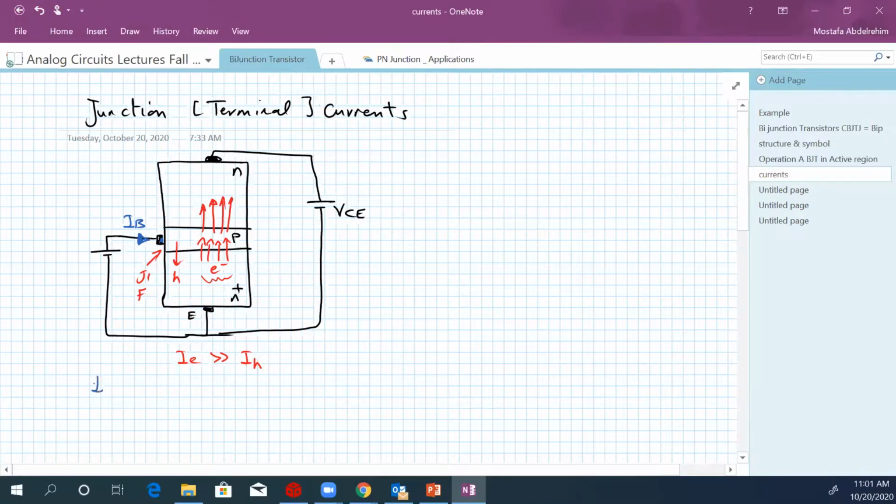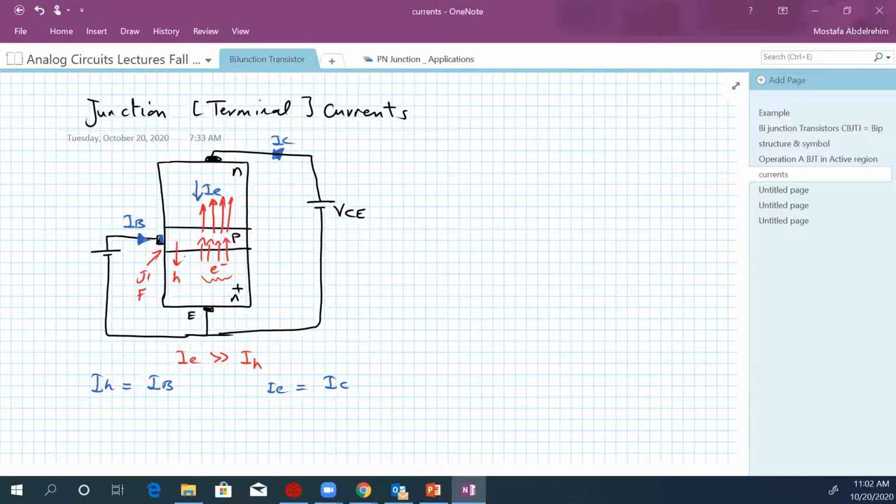So IH is equal to IB, or IB is equal to IH. And IE is equal to IC. But there is some change here because the current should be opposite to the movement of the electrons. So the direction should be in that way. I'm sorry, it should be in that way. So the conventional current direction is opposite to the electron current direction, but the hole current direction is actually equal to the conventional current direction.